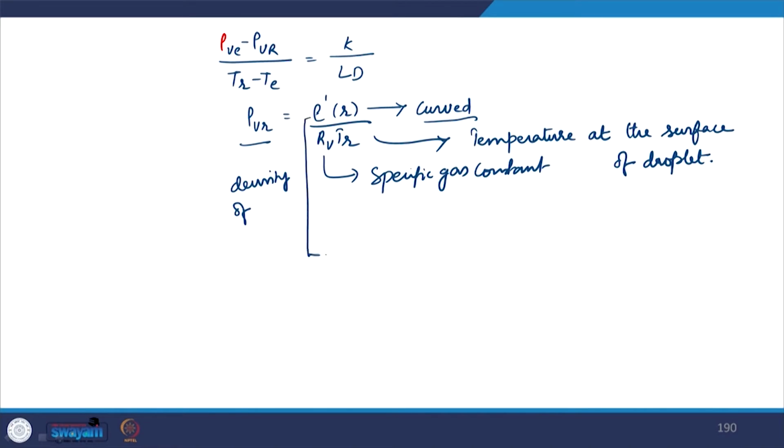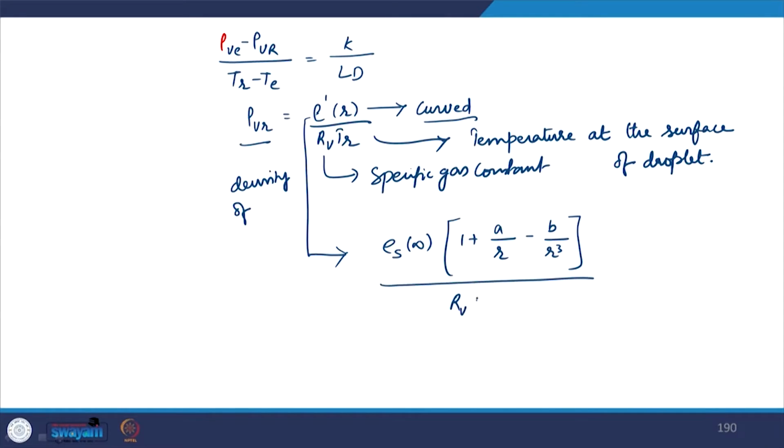to use the Kohler's relation for the curvature and the solute effect. So, we can write this expression as E_s of infinity times (1 + A/r - B/r^3) divided by R_v T_r, right.